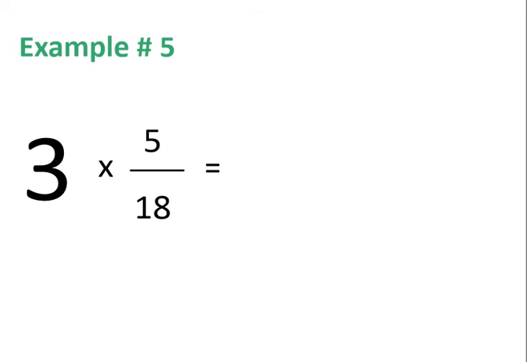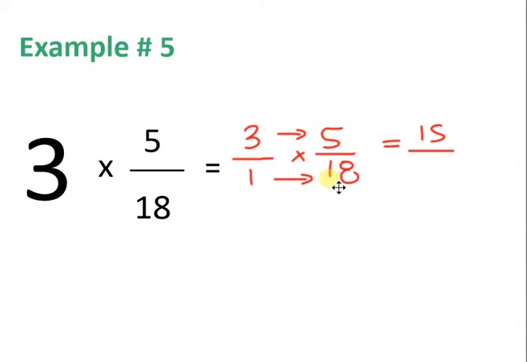Now let's look at this one here. So 3 times 5 over 18. So again, just take that 3, put it over a 1, times 5 over 18. Okay, multiply yourself straight across. 3 times 5 is 15. 1 times 18 is 18.